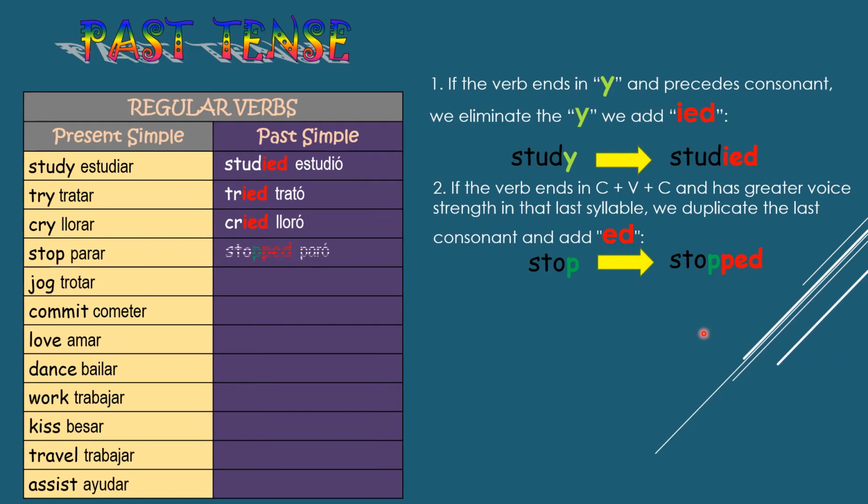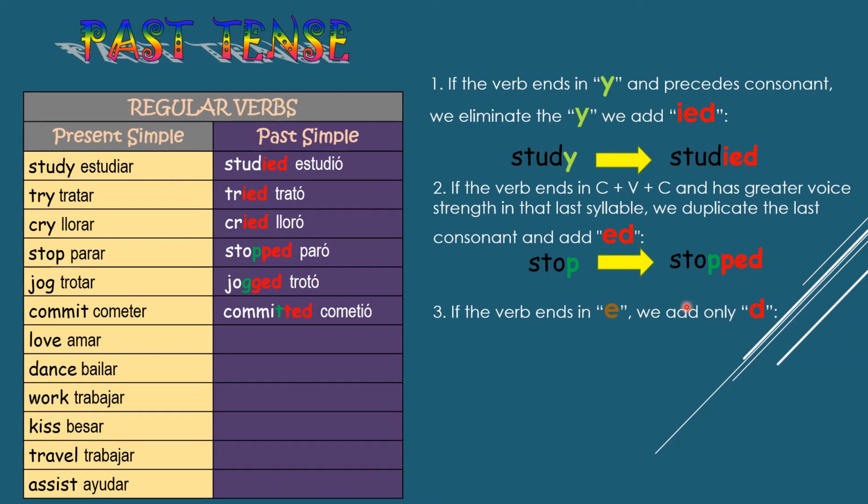Stopped, jogged, committed. La regla dice, si el verbo termina en consonante, vocal, consonante y un fuerte sonido de voz, entonces la última consonante se duplica y se añade la ed.